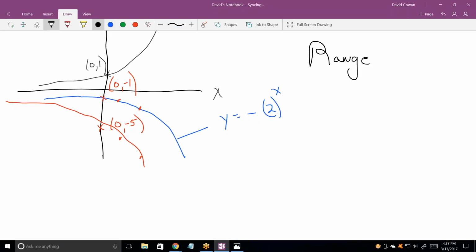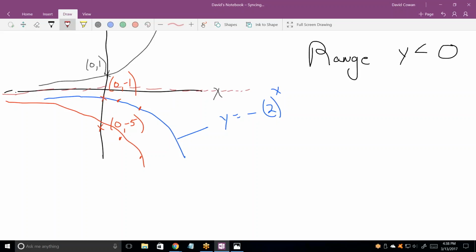Y is less than or equal to 0? In other words, the horizontal asymptote didn't change. The horizontal asymptote continued to be the x-axis, which is y equals 0.